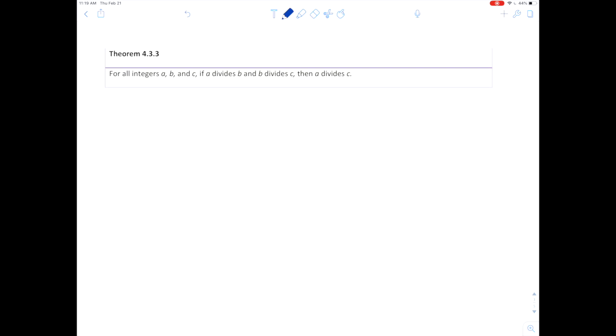All right. So for all integers a, b, and c, if a divides b and b divides c, then a divides c. All right. So what do we start with? Beautiful. Proof. And we've got to set up our tools. So suppose a, b, and c belong to the set of integers, so they can be any integers, okay?